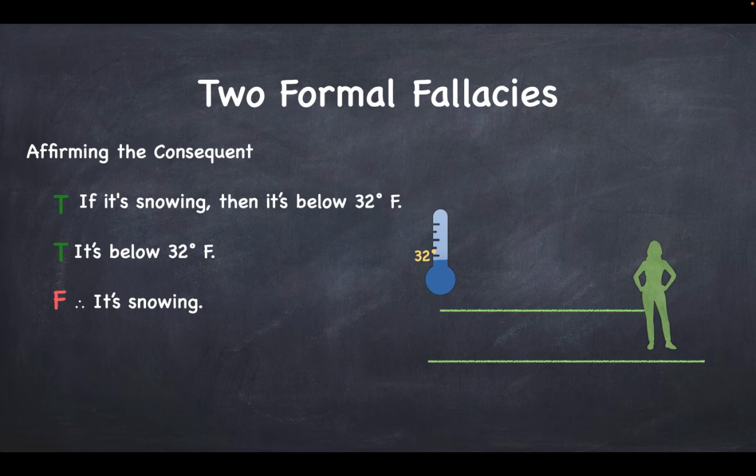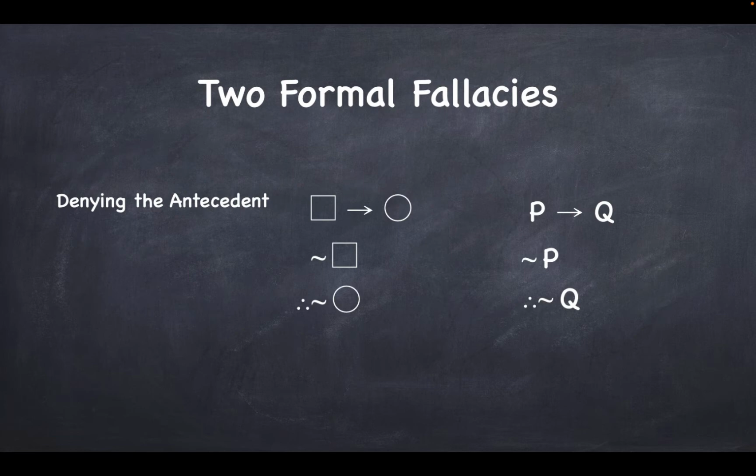Often it is very cold but no snow on the ground because there's no precipitation. Yeah, no water that's freezing. So that would be an instance of affirming the consequent. Denying the antecedent looks a little bit like modus tollens, but it's not, and that's part of why it's a fallacy.